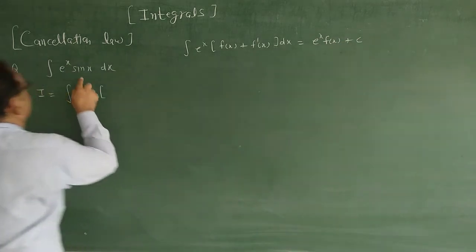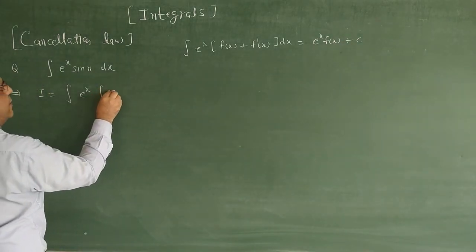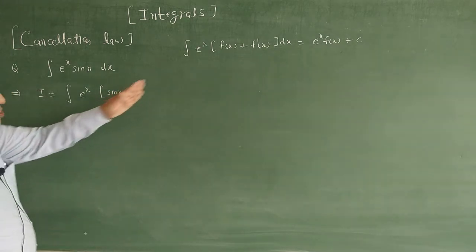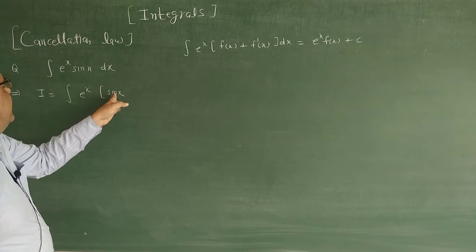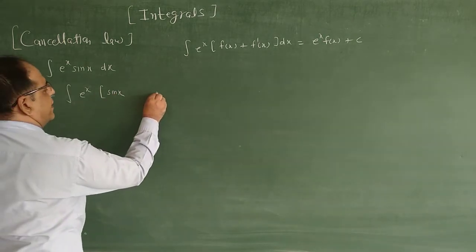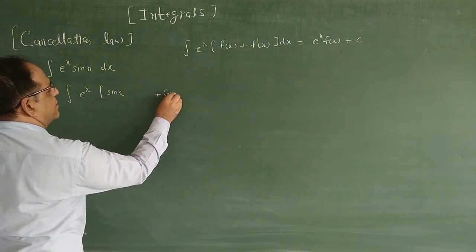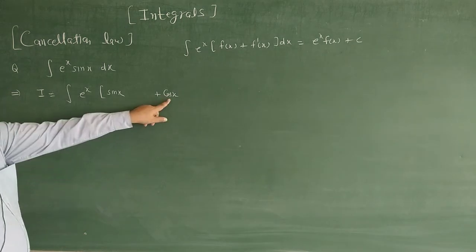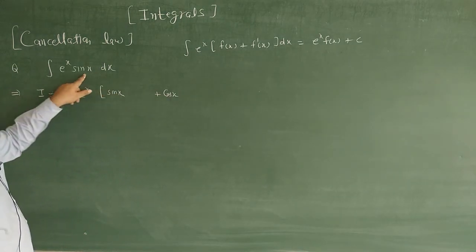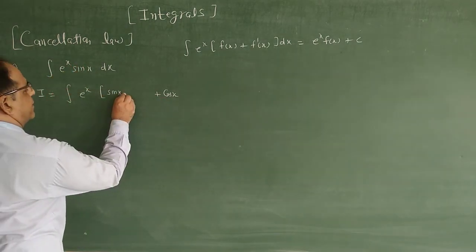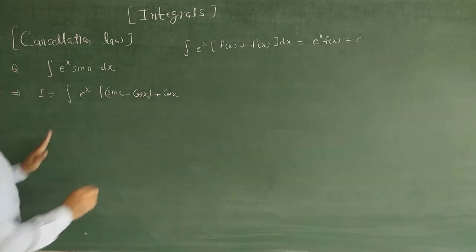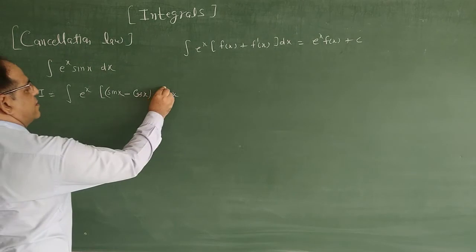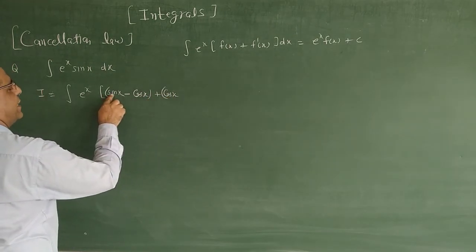Now sin x is the function, but according to the cancellation law, we need the differential of sin x here. The differential of sin x is cos x, but cos x is an extra term because we have only sin x. So for balancing, we put cos x.